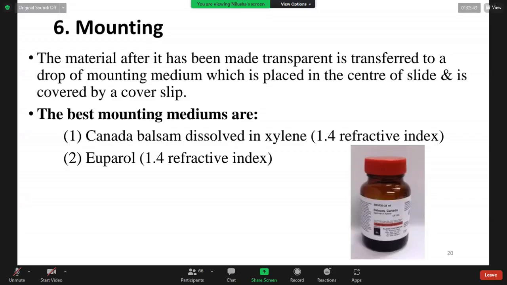After that, what is the fourth step? Mounting and stitching. What is mounting and stitching?